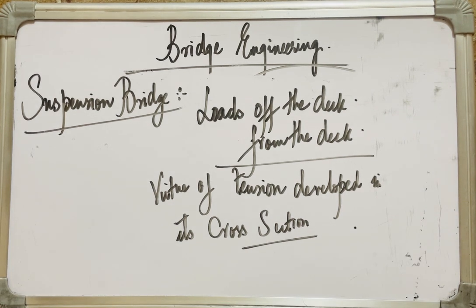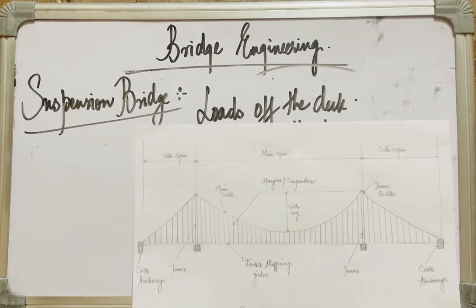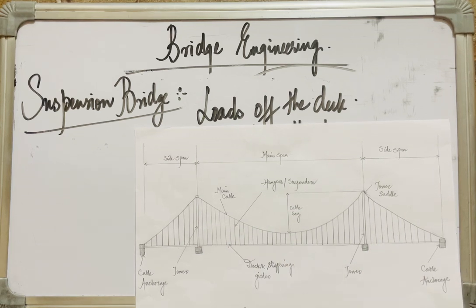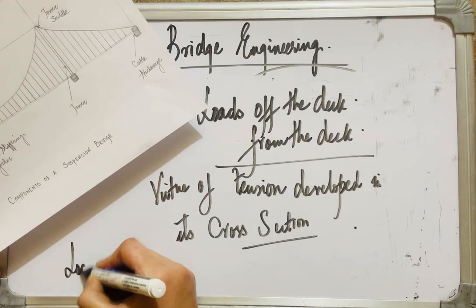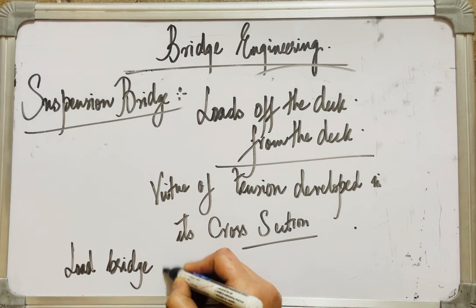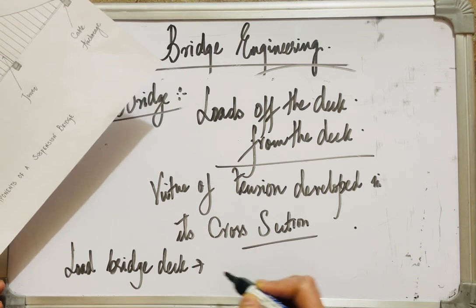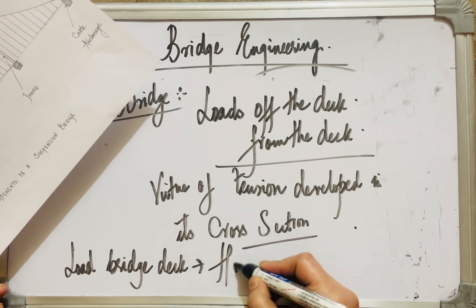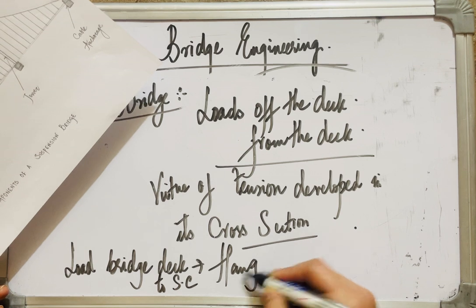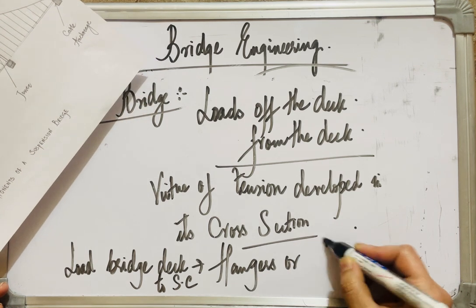And these vertical members, which I told you are known as hangers or suspenders, are provided to transfer the loads from the bridge floor to the suspension cable. So the load from the bridge deck to the suspension cable is carried through these hangers or suspenders.